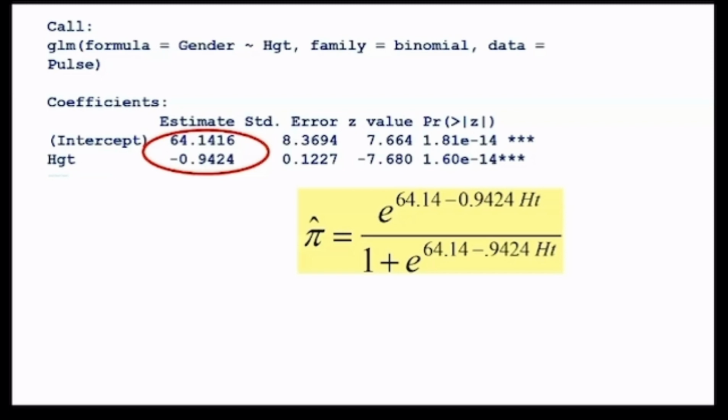When I'm given an individual of a particular height, and I plug the value into the expression, whatever I compute is basically going to be the probability of being a male. If what I got is 0.8, I'm just assuming, then it means that person is more likely to be a male than female.